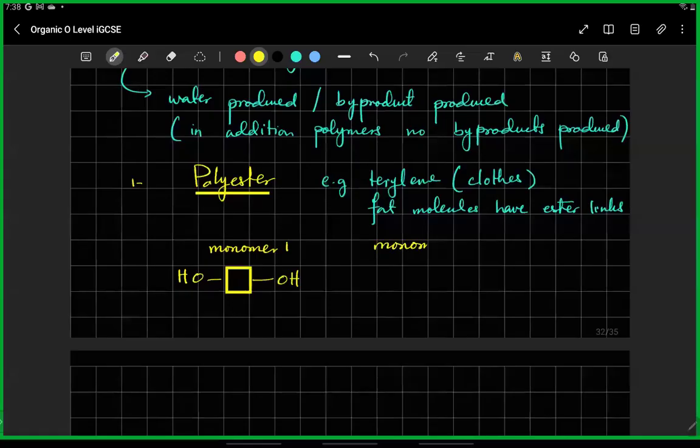And then you're going to have monomer two. There's going to be a second monomer, a second molecule that's going to make it. वो क्या होगा कि वो एक और molecule होगा और उसके दोनों sides पे ना, it's going to have carboxylic acid groups.